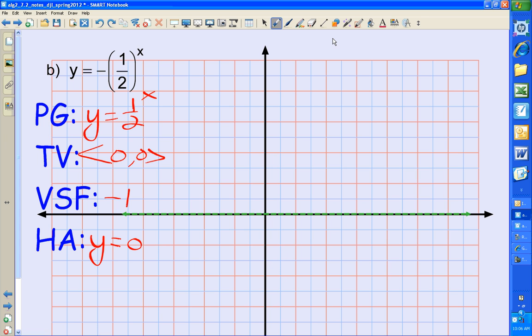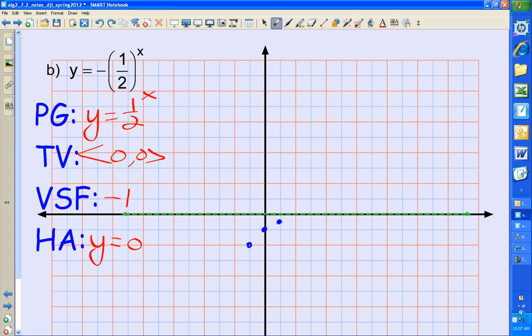From the origin, we go right 1, up b in the parent graph. What are we going to do in this graph? Right 1, down 1/2. Right 0, up 1 for the parent graph becomes right 0, down 1. And left 1, up 2 becomes left 1, down 2.